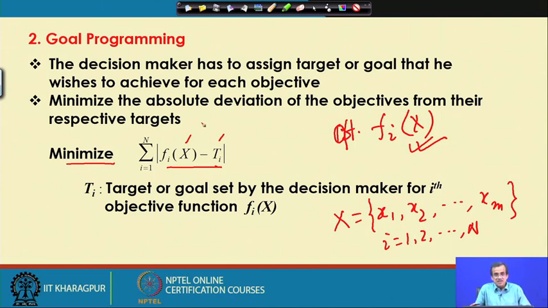Now, the problem is how to set this target. If I take the same example, the cost of a car and the accident rate of this particular car, we have already discussed that if cost is more, the accident rate will be less and vice versa.